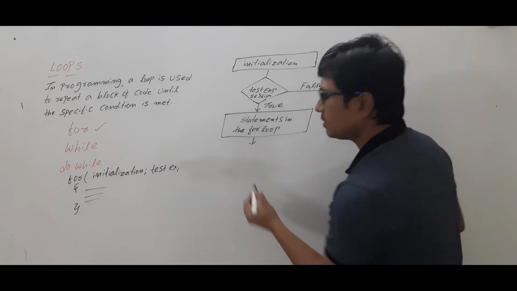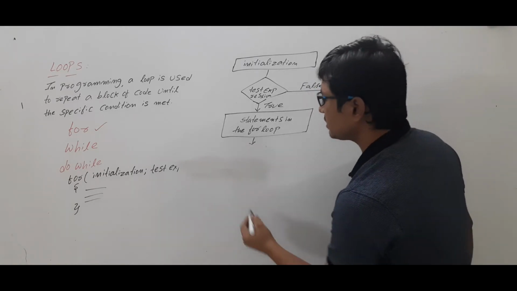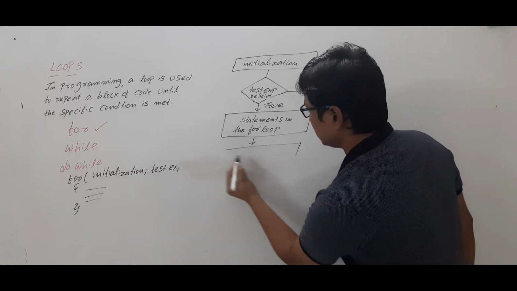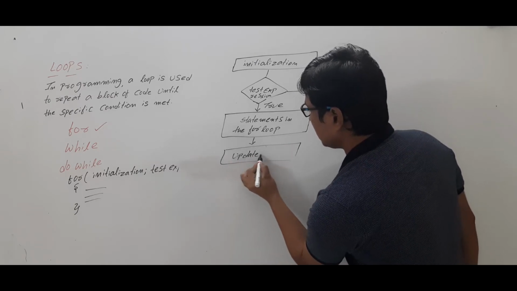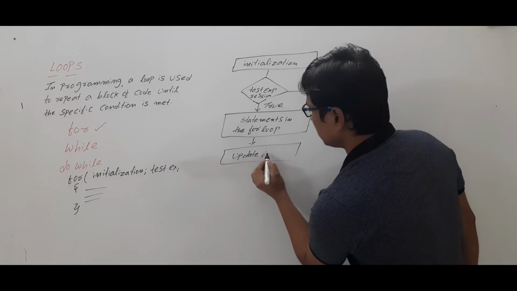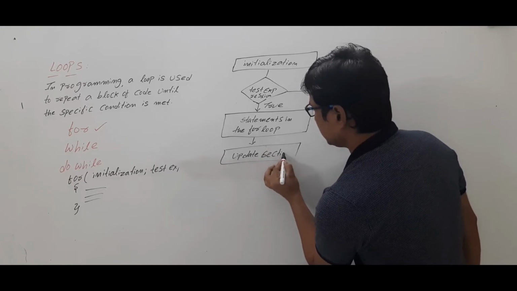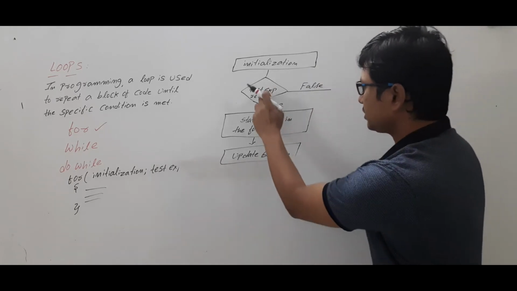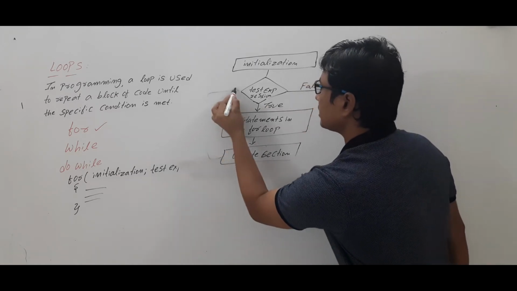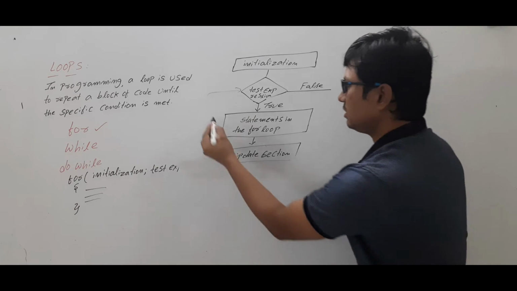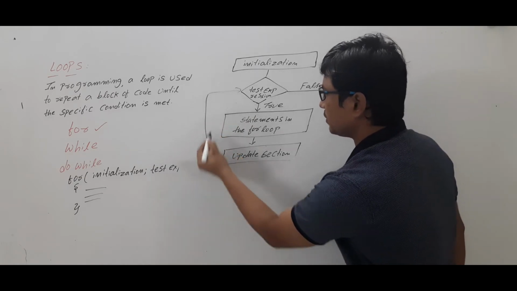Statements in the for loop, and then you will go to the update section. You will do the update expression. If it is true, you will do these things. After updating, you will again check whether the condition is true or false. I hope you are able to understand.